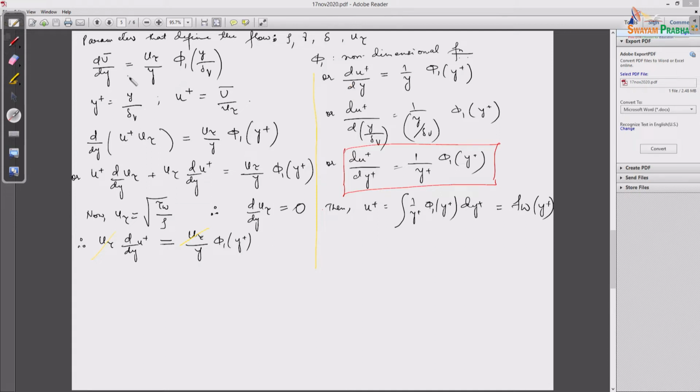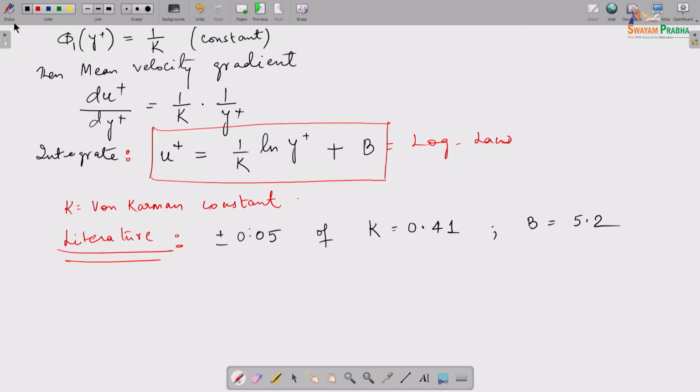We define this, and then u plus is this, which is the mean velocity in terms of the viscous scale velocity, and so du plus dy is this. So it is essentially 1 by this into phi, but then phi is a constant, so I write that as 1 by k. Okay, and then I integrate and I get this.